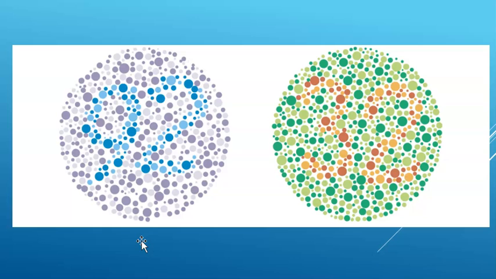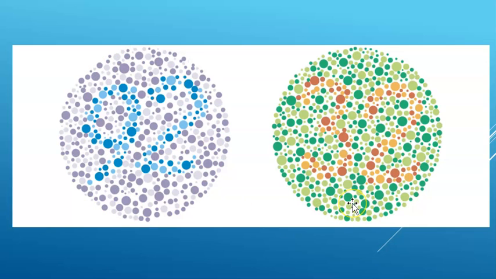In other words, people that are missing that blue cone, because the number in the middle here, 92, is in blue dots, surrounded by purple. If people don't have the proper blue processing cones, they're not going to see this bright blue of the 92, and it's going to end up looking a purplish, grayish color, so they're not going to see the number here.